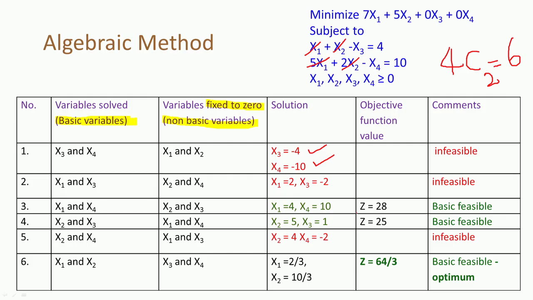Now, this solution where x1 equal to 0, x2 equal to 0, x3 equal to minus 4 and x4 equal to minus 10 violates the non-negativity restriction, and therefore this solution is infeasible.